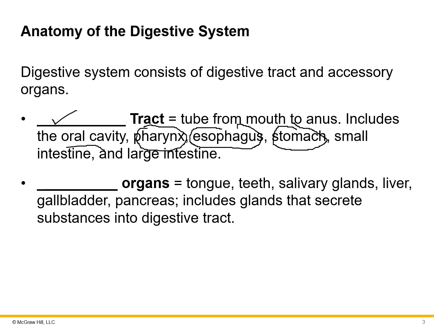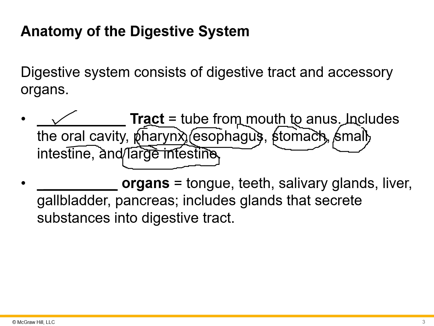We're going to go over the histology of the stomach in a little bit. And from there, it goes into your small intestine, which has three components to it. And then it goes through your large intestine, also known as the colon. And from there, the wastes are removed through the rectal canal and out through the anus.